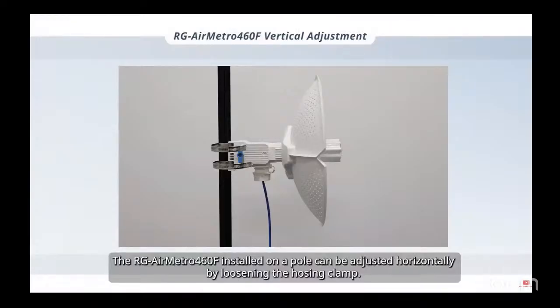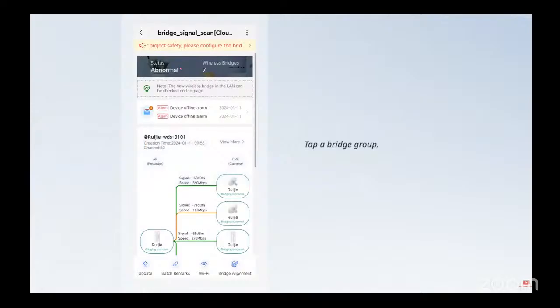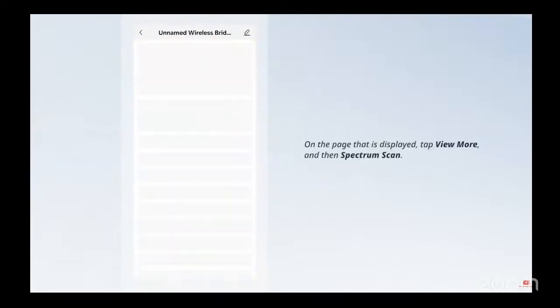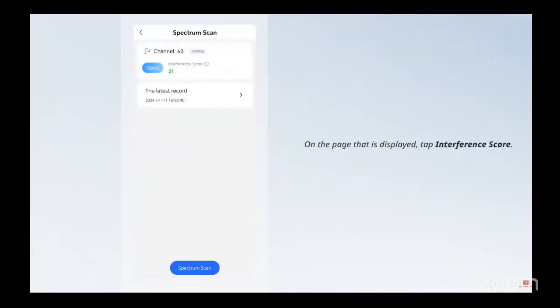This is just a physical installation for those antennas. And the spectrum scan, the channels that you're going to see there, will require a base station, maybe a bridge. We're going to see which channels are going to be applied there.